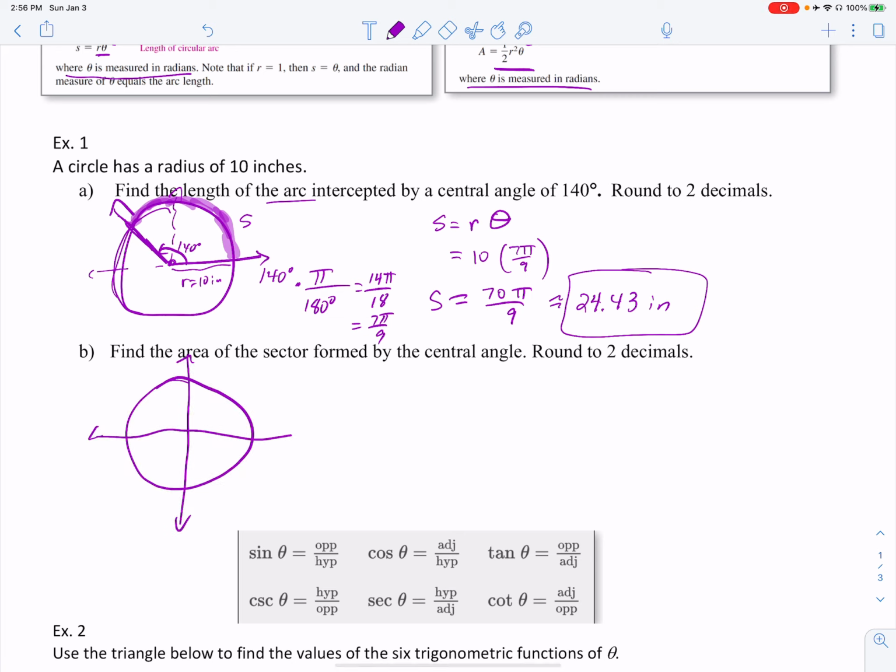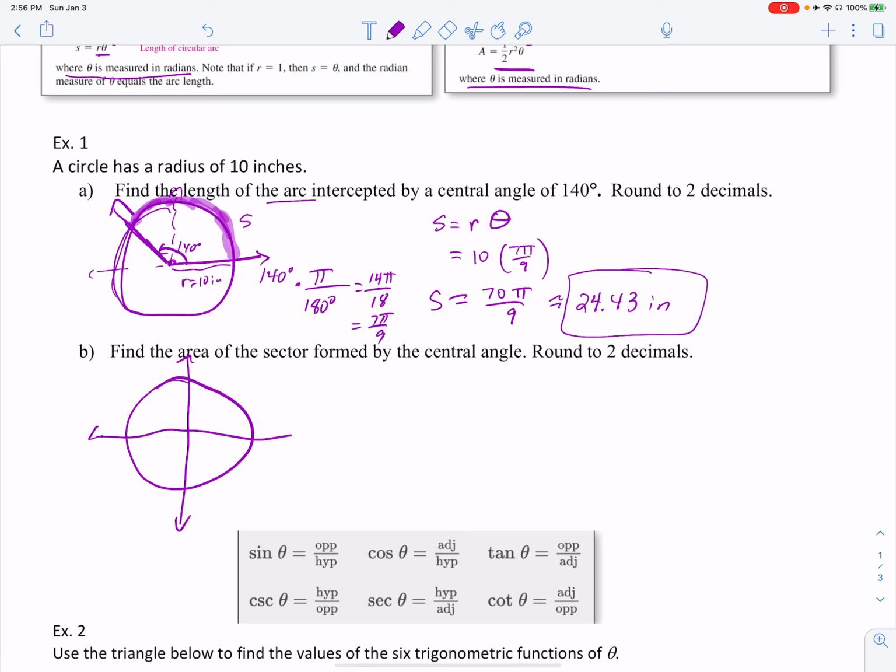And so the area is 1/2 the radius squared times theta, but theta must be in radians. Again, 140 degrees, work shown above, is 7 pi ninths in terms of radian value. That's the radian measure for your angle.